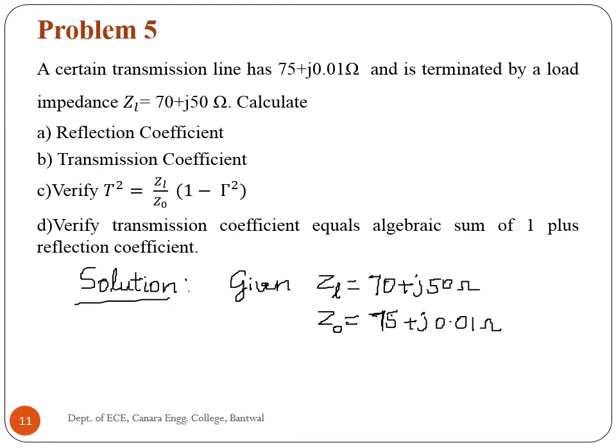We have to find out the reflection coefficient. The notation for the reflection coefficient is gamma and the given parameters are ZL and Z0. Therefore, the reflection coefficient equation using impedances is ZL minus Z0 divided by ZL plus Z0.